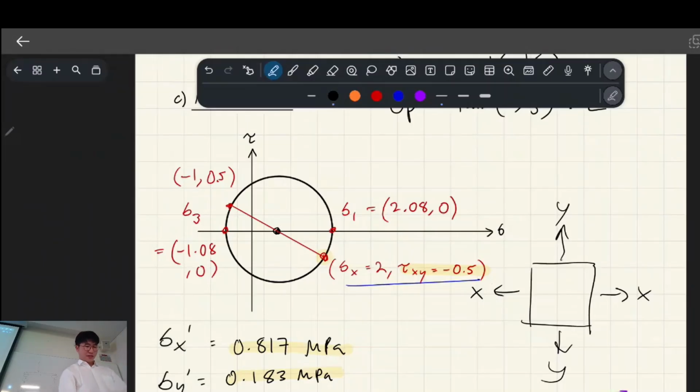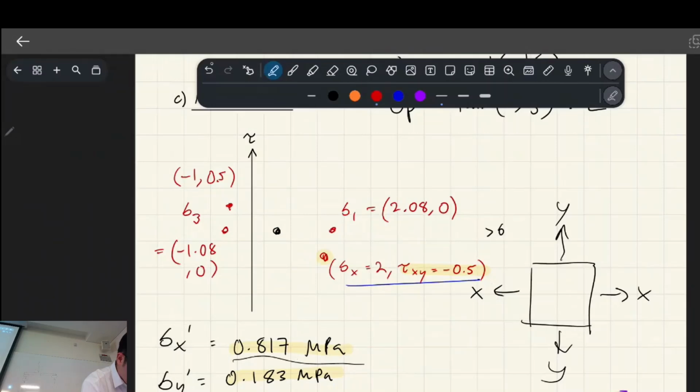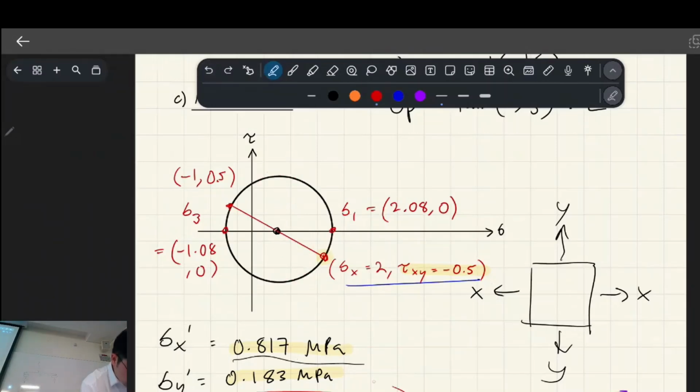Okay, so how would we plot this? The first thing you do is you look at the sigma x dash, and it's to the right of x equals 0, so we know that it's somewhere here. Next we look at whether it's negative or positive for tau xy, and we see that's negative. So it's here somewhere.